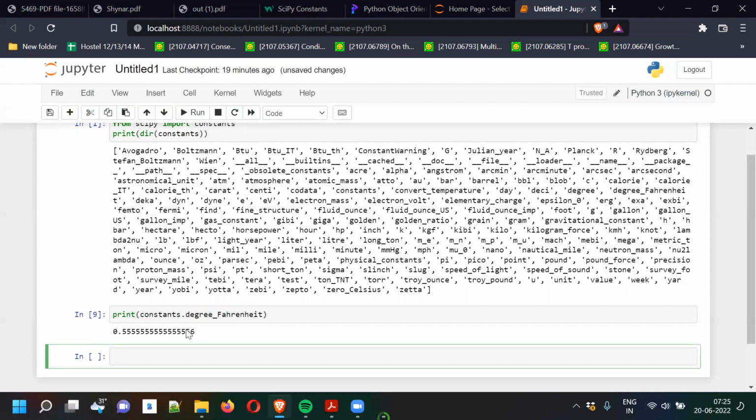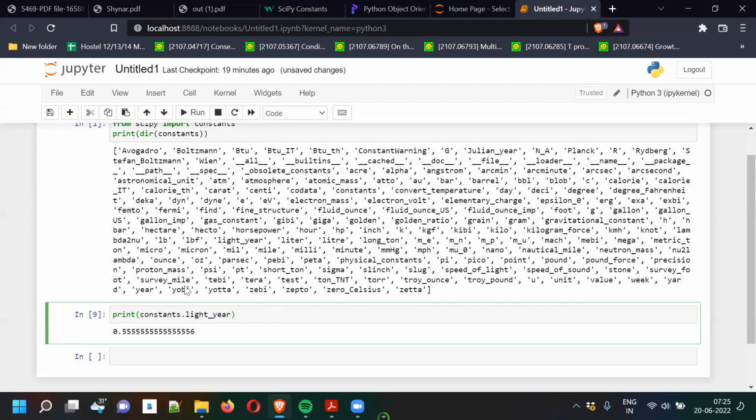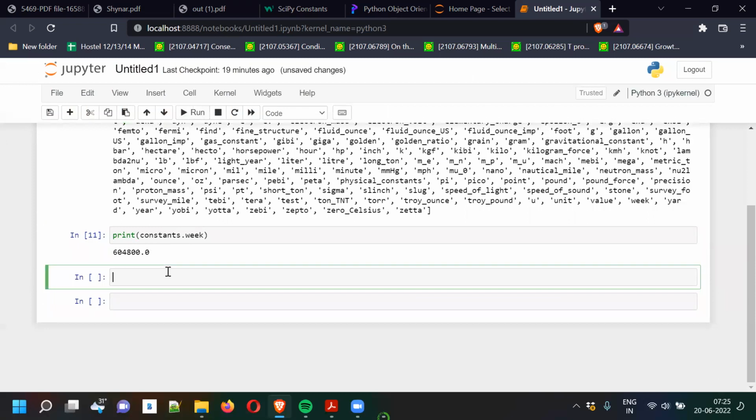Light year. Let's try light year. Okay, this is the distance. I think it is in meters. Let's try week. Week is again, I think, in seconds. Okay, so that is what it is.